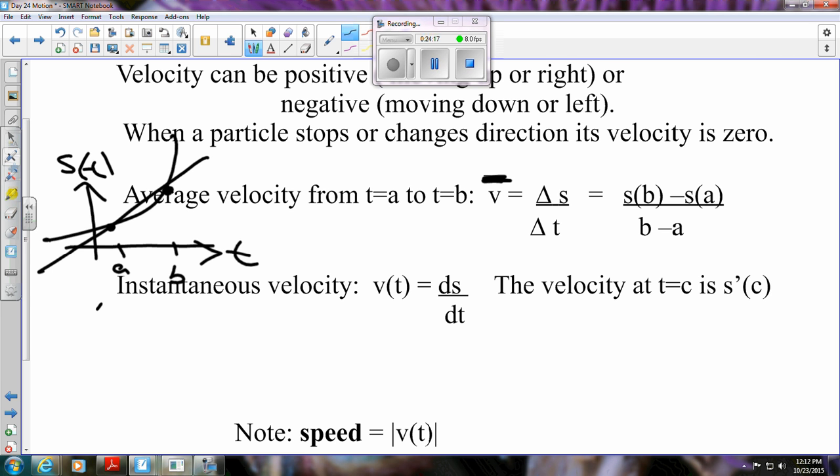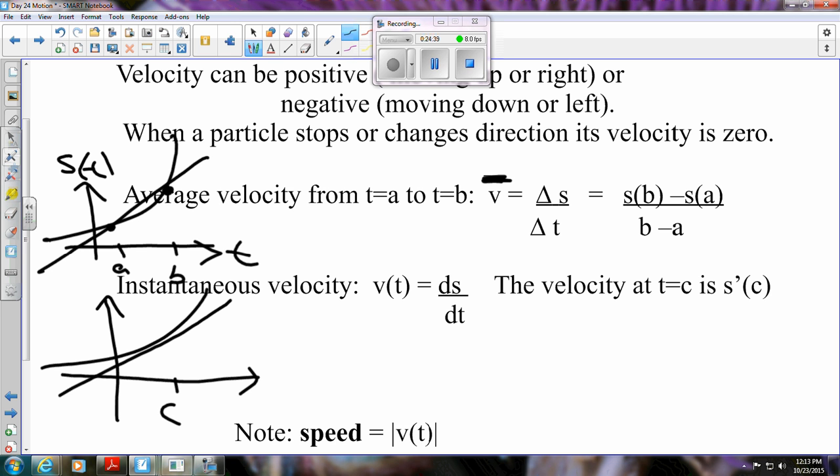When you find the slope of the tangent line to the position, ds dt, you've now got the velocity at a particular moment. When you look at your speedometer, you don't want to know your average velocity for the last 10 minutes, right? You want to know your velocity at that moment. And that's what the instantaneous velocity is. It gives you the slope of the tangent. It'll tell you velocity at that moment.